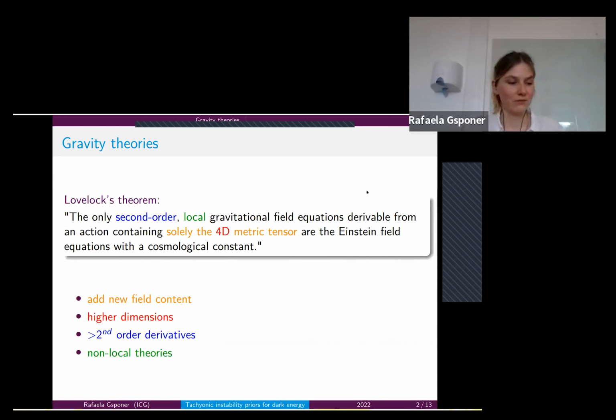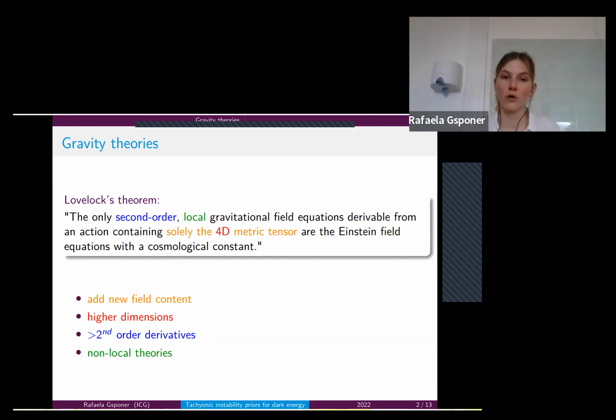As we all know, general relativity is our standard theory of gravity, and it's a beautiful, unique theory, which is nicely summarized in the Lovelock theorem, which states that general relativity is the only second-order local theory of gravity with just a metric tensor in 4 dimensions.